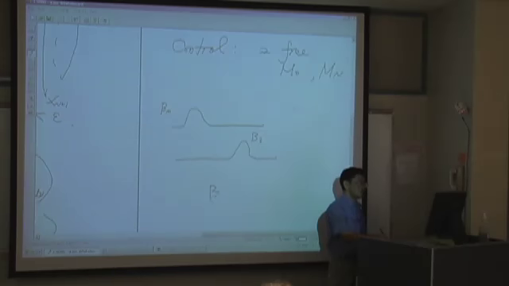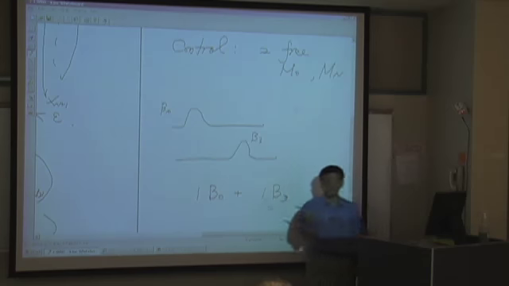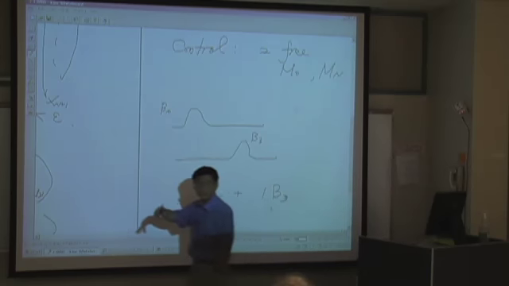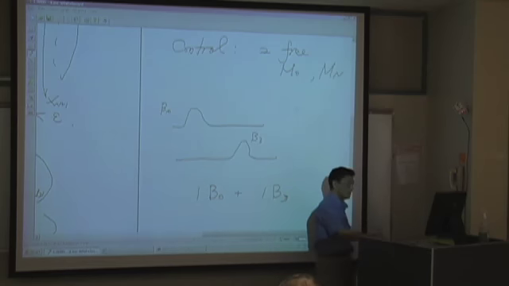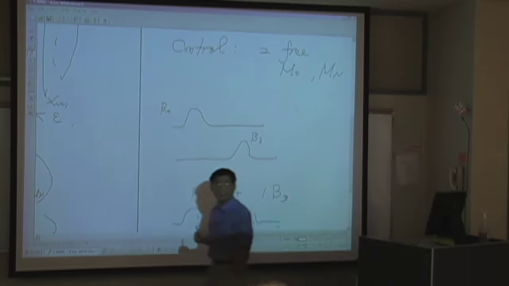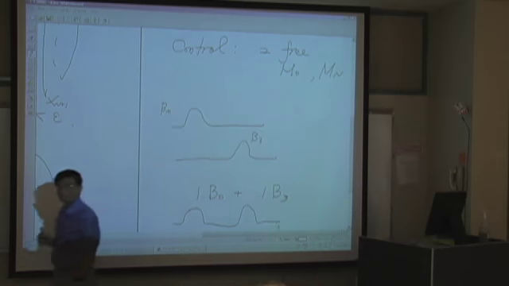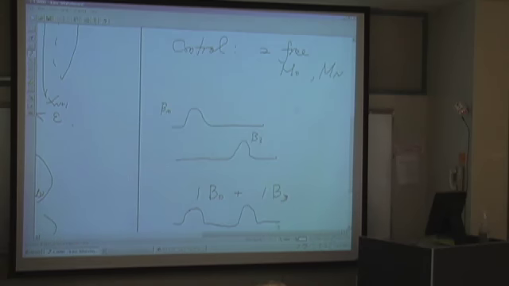Assume that B0 times 1 plus B3 times 1 is the one that you want to express. Then what curve would you get? You would get this kind of curve, right? Do you follow me?